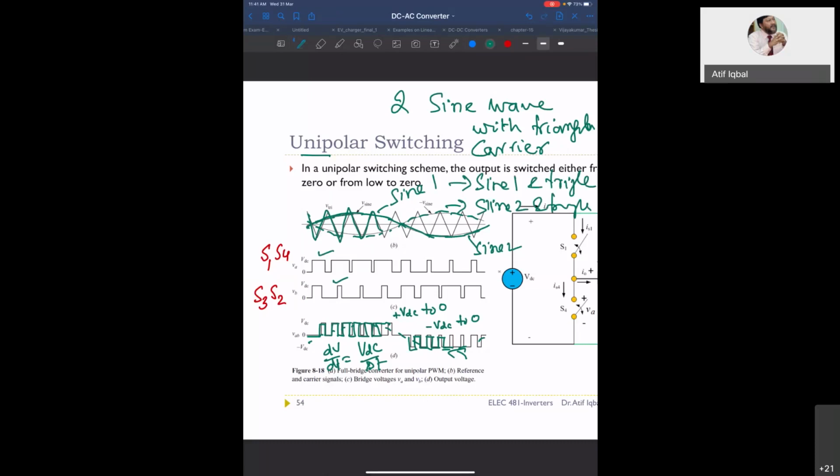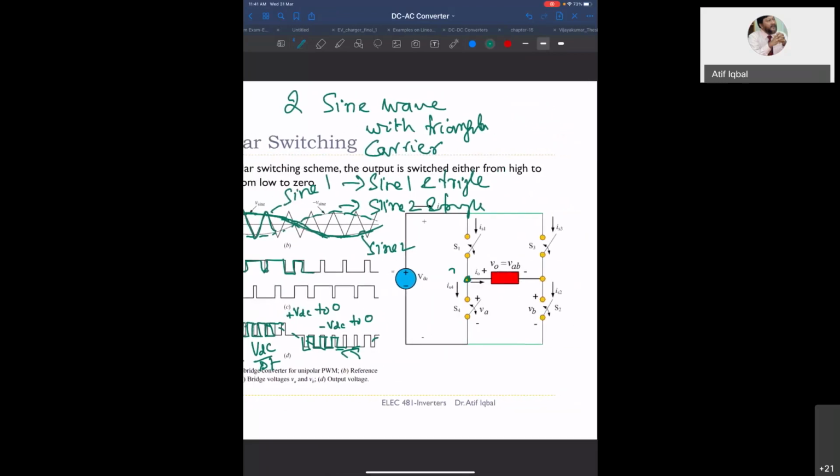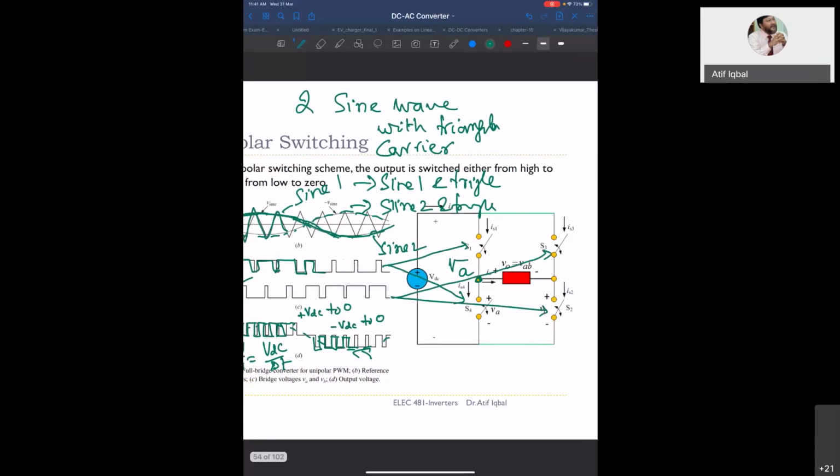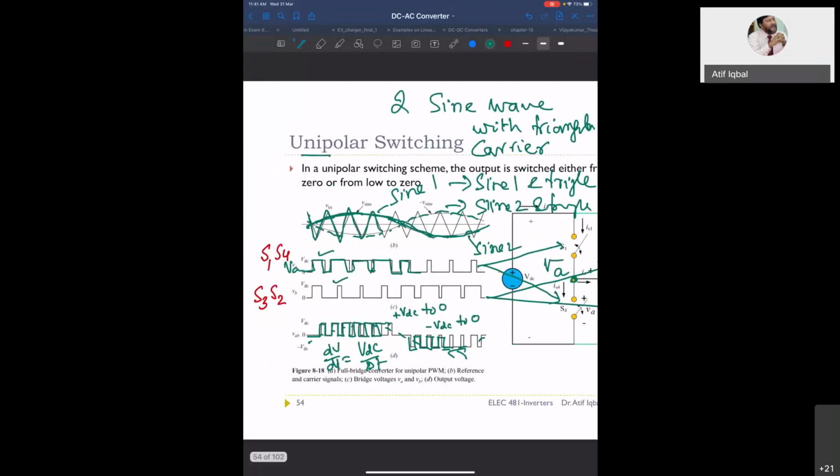When you look at the positive sine wave, you generate these pulses. This is called VA, your point A. This pulse will go to S1 and S4, and this pulse goes to S3 and S2.